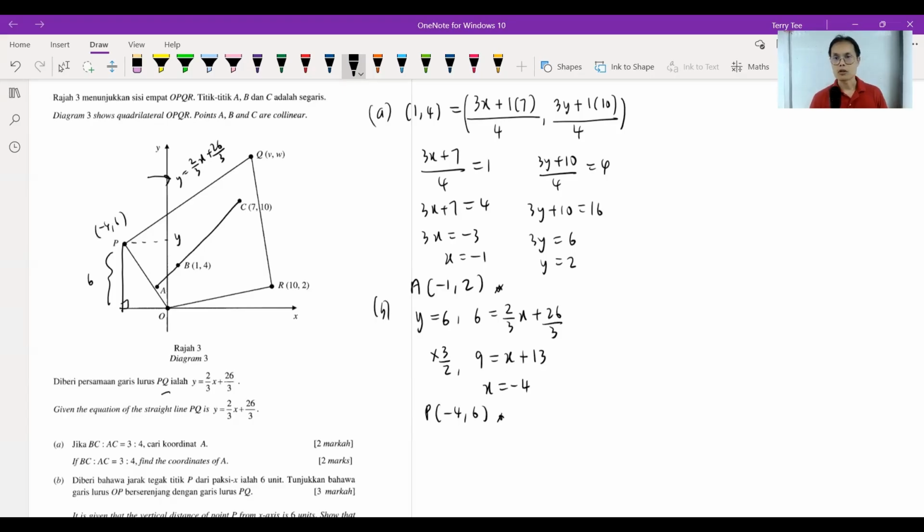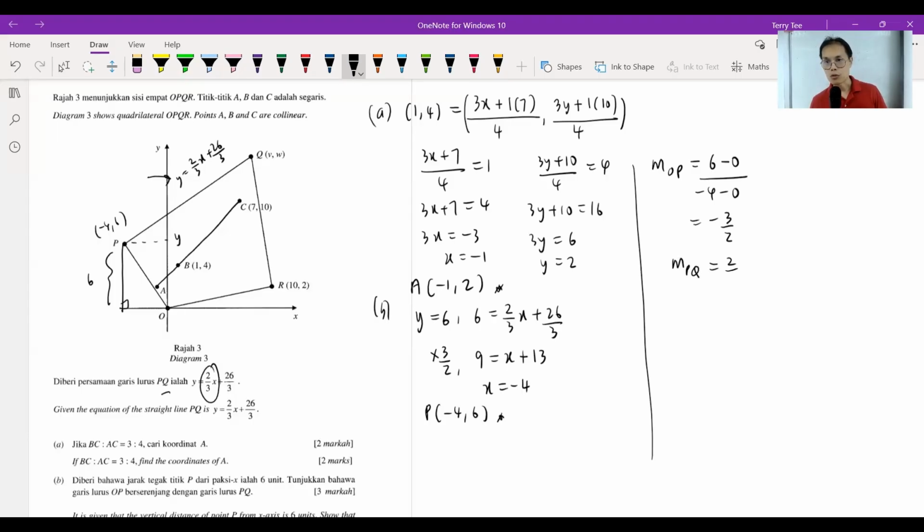So, you need to find this coordinate first so that I can find out the gradient or kecerunan garis OP. Let me write here. Over here, kecerunan OP is (6 minus 0) over (-4 minus 0), which is -3 over 2. When two lines are perpendicular, the gradients multiplied together must be -1. We know gradient PQ, or kecerunan PQ, is 2 over 3.